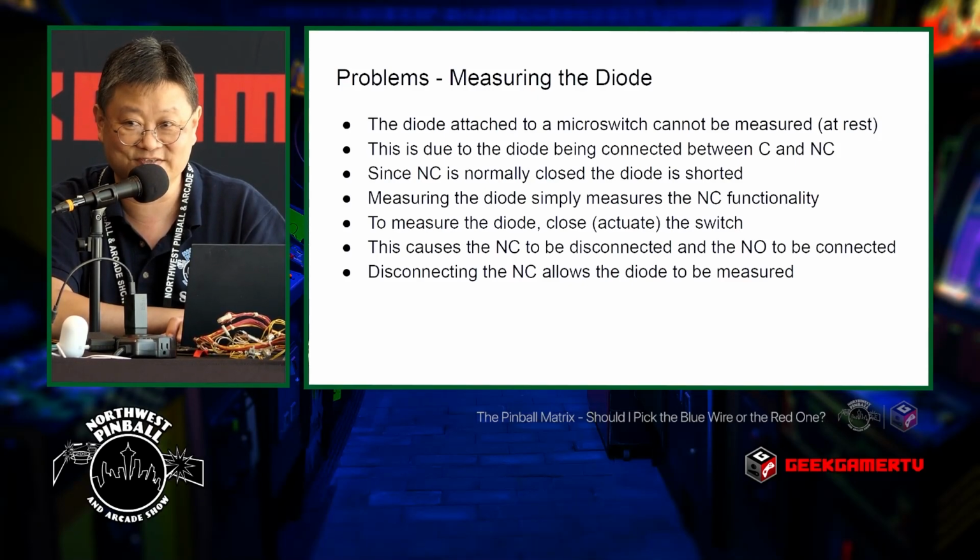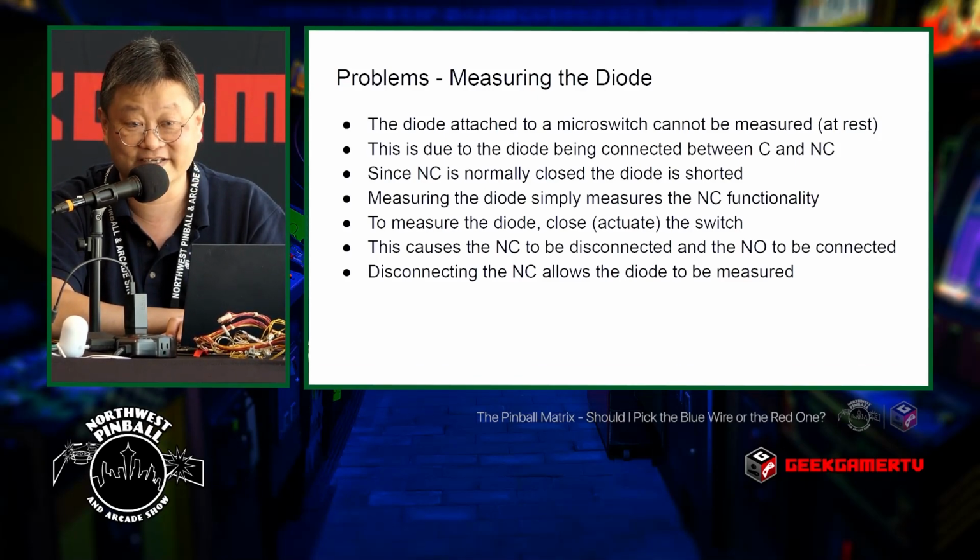What that means is that there's continuity between the C and NC terminals. So when you measure that diode, you're not measuring the diode, you're just measuring the continuity. The DMM is always going to report that this diode is shorted because it's measuring the C and NC terminals. This is why you cannot measure a diode in circuit, for the most part.